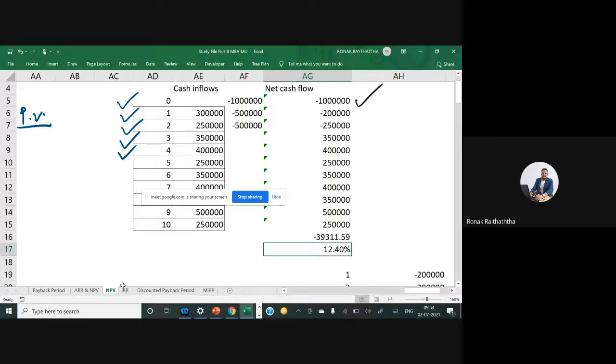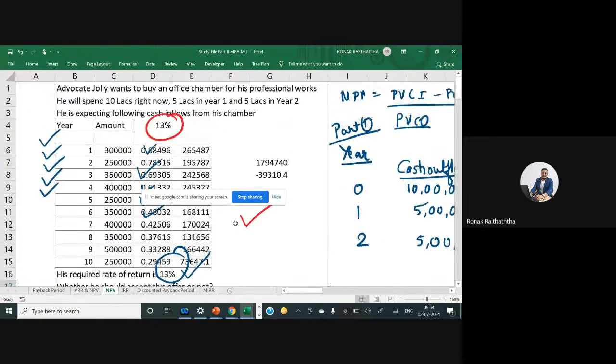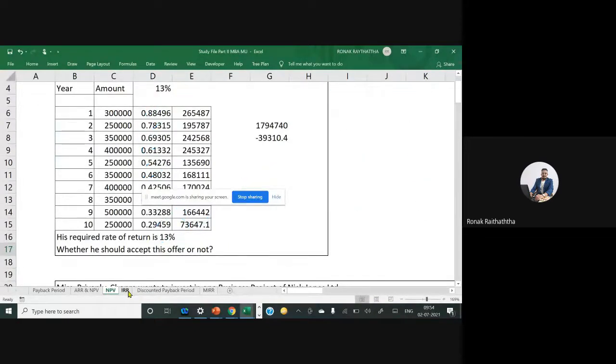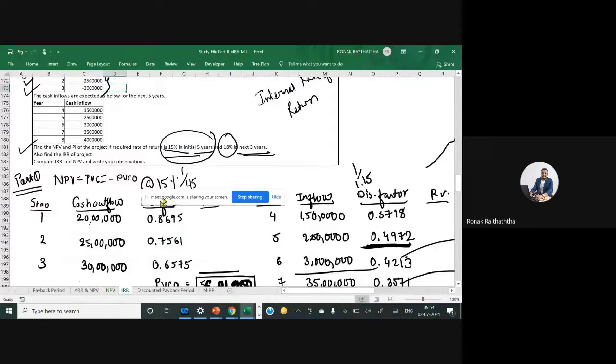But to find the NPV, you were supposed to first get the discounting rate, right? If you have the required rate of return, then only you can find the NPV, else you cannot. Then we jumped to IRR. IRR stands for the internal rate of return, where you try to find the exact compounded rate of return you have got from a project.